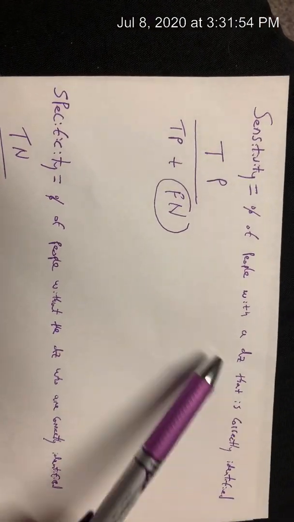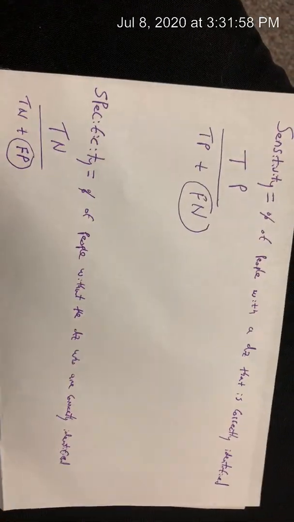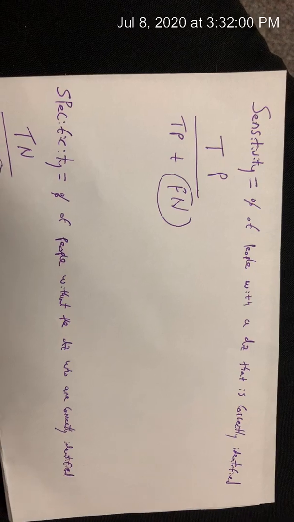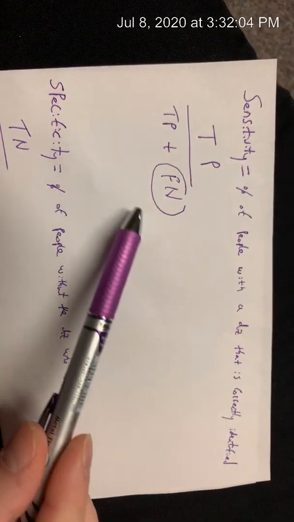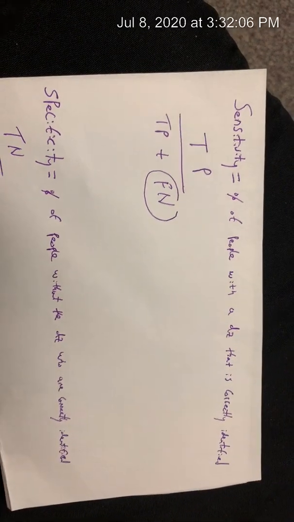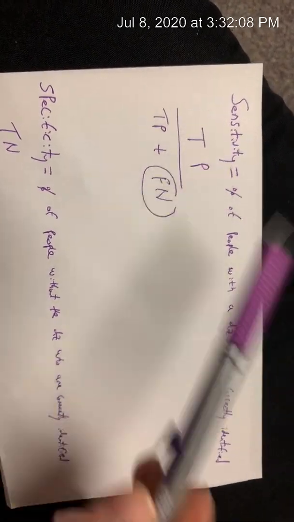I think a good tip to memorize this, if you don't want to use any cerebral power at all, is to think about it this way. Everything in this equation is actually a positive. Sensitivity, think positive. I'm going to write that down.